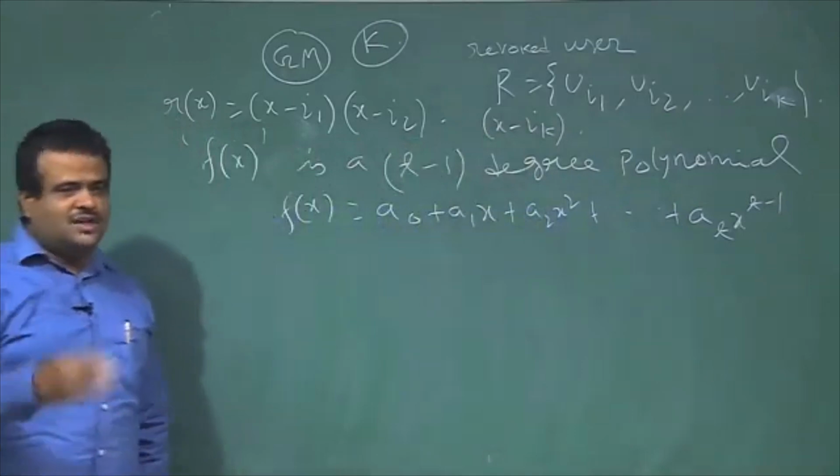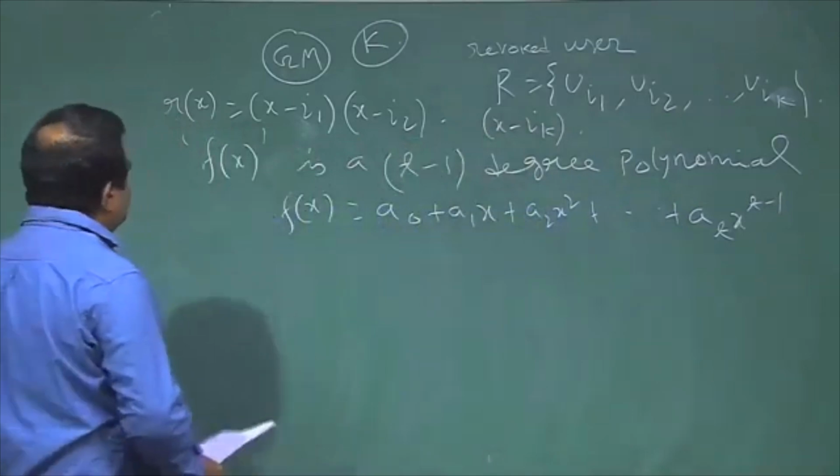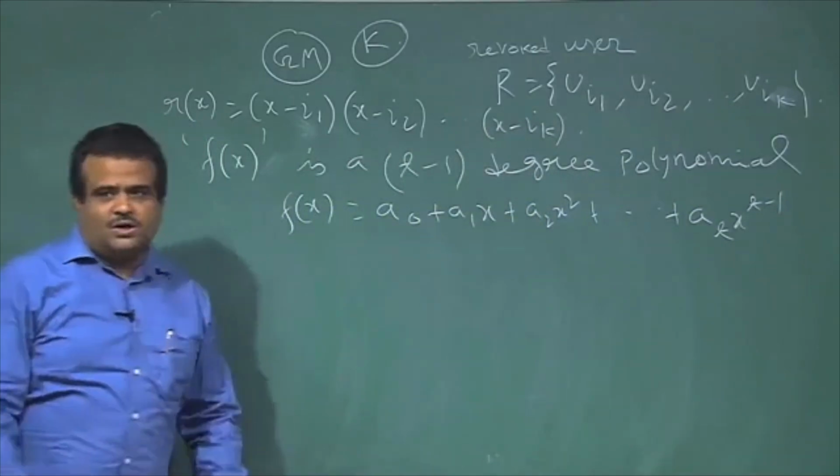So this is also the (t, n) threshold scheme we are discussing.